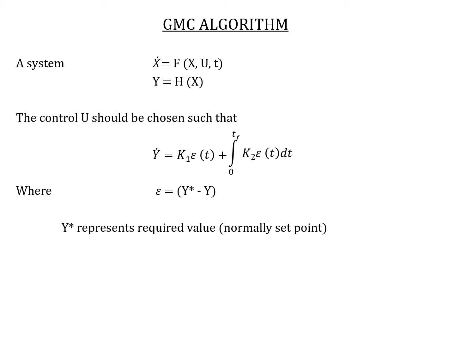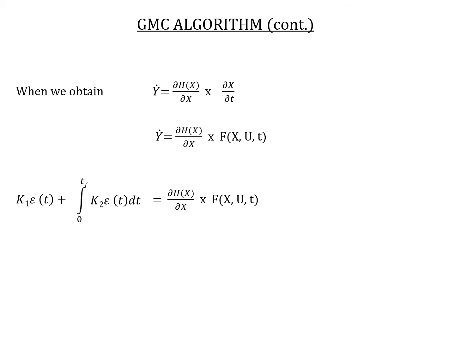For the y dot, we have to analyze the model, and from the model itself we are able to get y. Basically, from the model just now, y dot will be given as dh/dx times dx/dt.